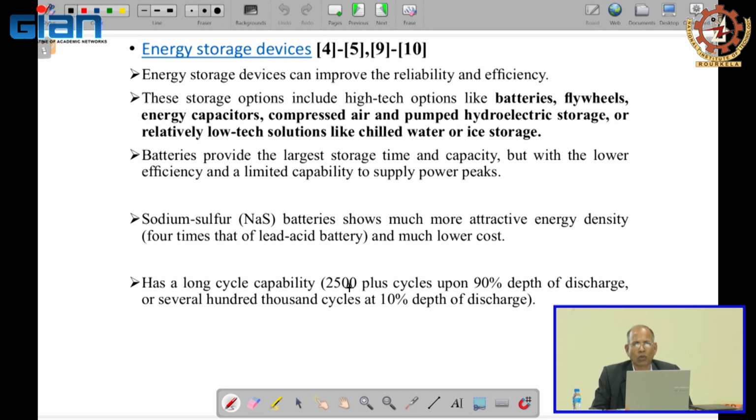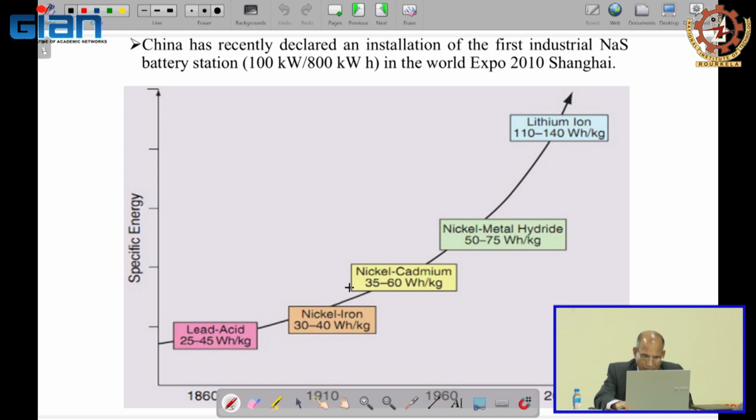So for selection of batteries for particular applications, there are a number of technical and economical points that have to be considered. I am just giving you a very brief overview here, and you may see that this topic comes up again during the discussion in other lectures as well.